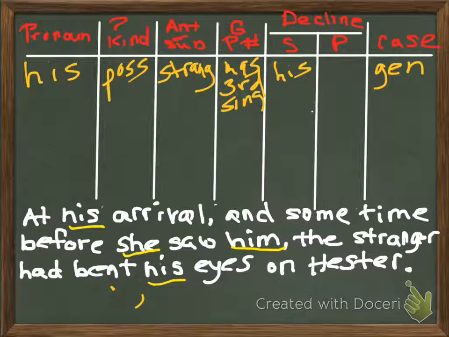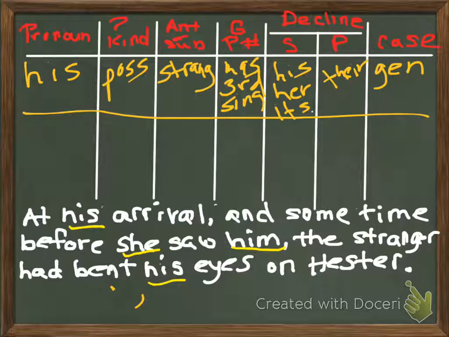And the opposite of his is hers. And if it's not a he or a she, it's its. And if it's more than one, it's theirs, T-H-E-I-R, there. Okay, so we're done with that.